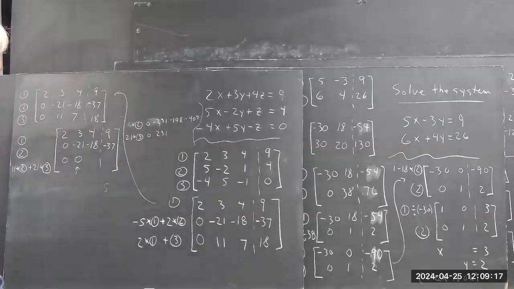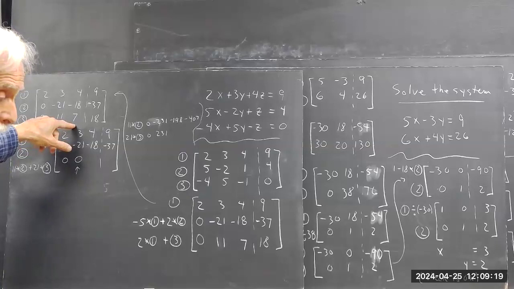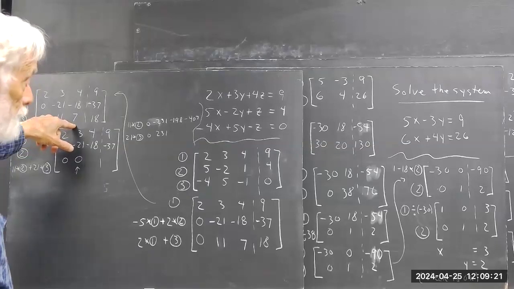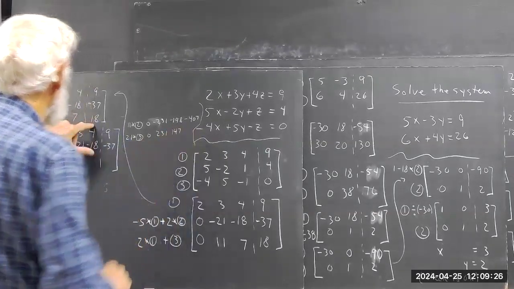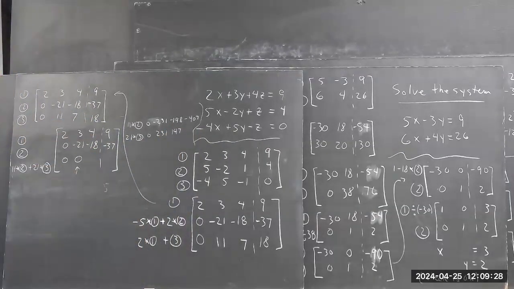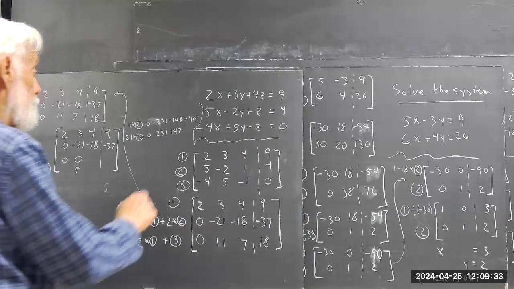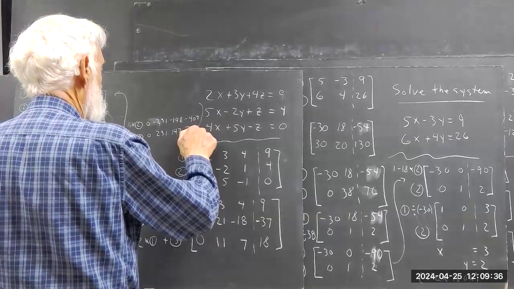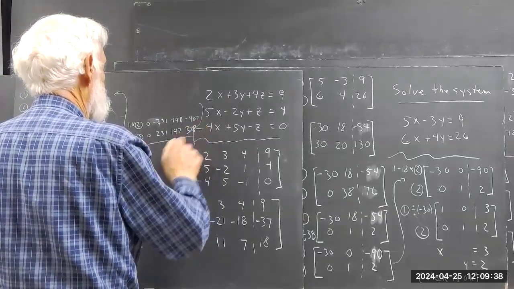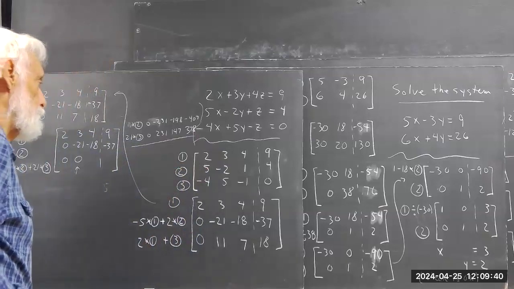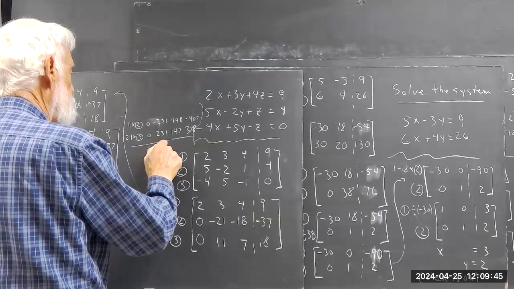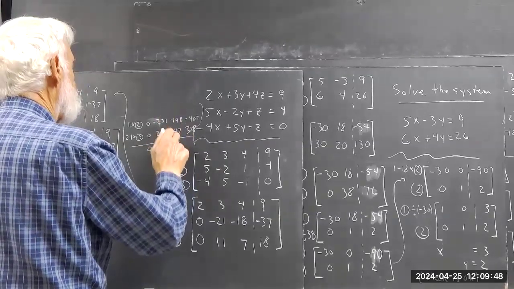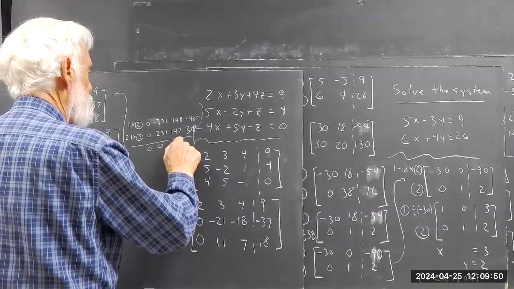And then 21 times 7: 20 times 7 is 140, so 21 times 7 will be 147. And then 20 times 18 is 360, and one more 18 is 368. Of course, use your calculator because it's going to be quicker and easier than me using my head. But we're going to get 0, 0. And then this is going to give us negative 51.